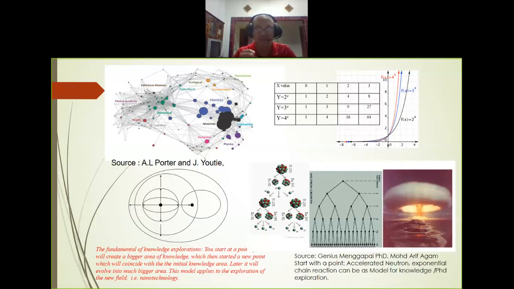One point that you need to realize is you need to start somewhere. So let's say you are interested in nanotechnology, but you are also interested in magnetism. So you start with magnetic nanomaterials and look into how materials can behave as magnetic materials.